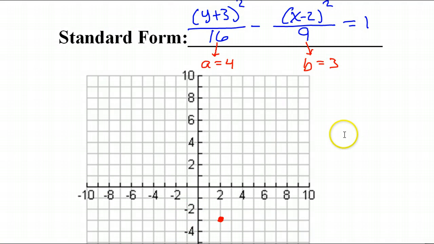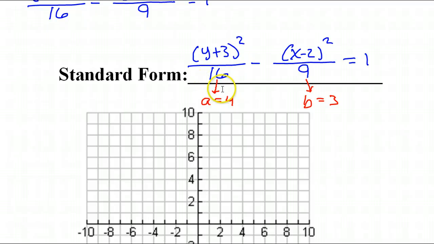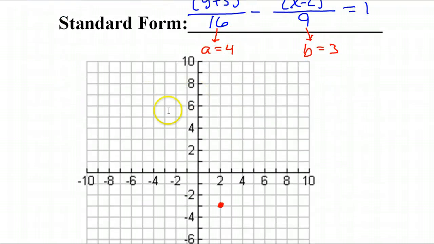So in this case, because the y term is squared, because the y term is positive, it's out front like this, we know that this is going to be an up-down hyperbola. It's going to be vertical.